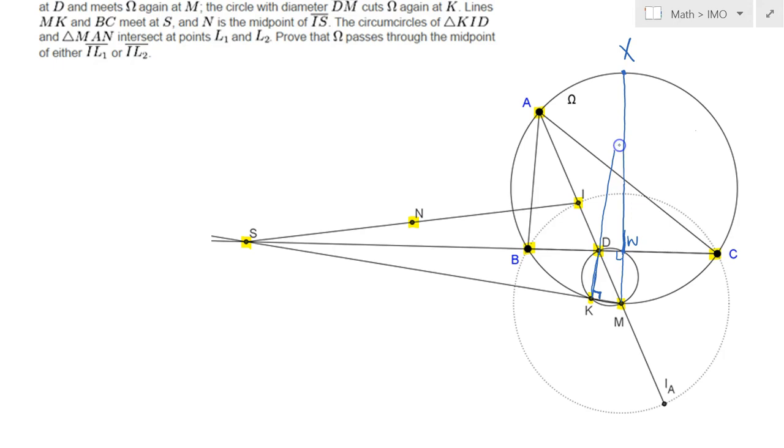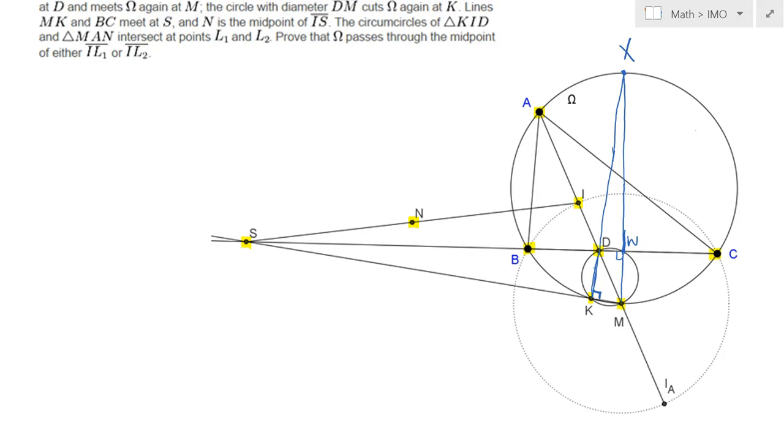Extended, I claim it should meet the point X. The reason, again, is that XM is the diameter of our circumcircle of ABC. As a result, KD extended should meet the circumcircle at the point X, because that 90-degree angle MKD is equal to angle MKX, which subtends the diameter.